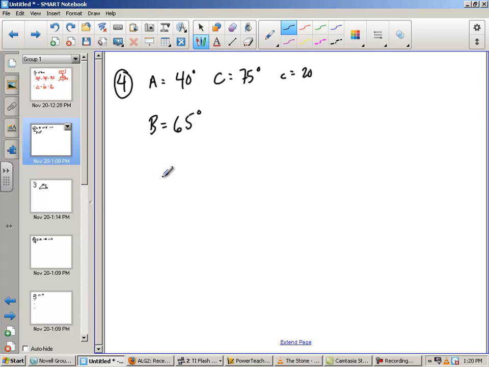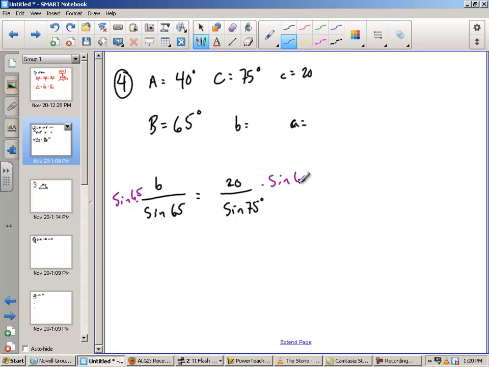And so we're just going to throw these things into the law of sines. I'm going to be looking for little b and little a, so I want those to be on top. So let's say little b over the sine of big B, 65, equals 20 over the sine of 75. And if I were to solve this for b, I'd multiply by the sine of 65, and I will get a value for b.